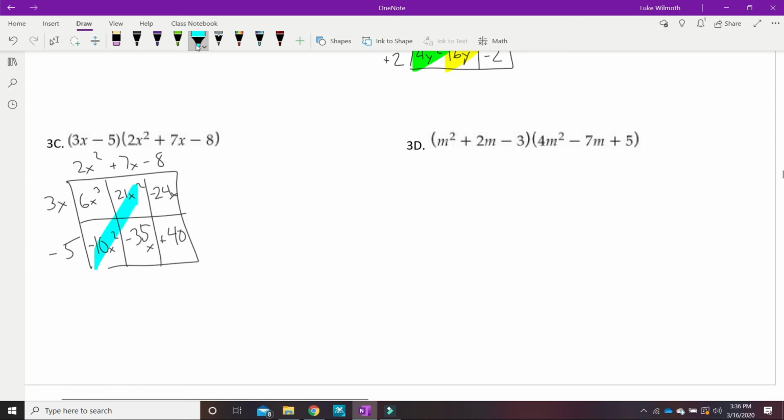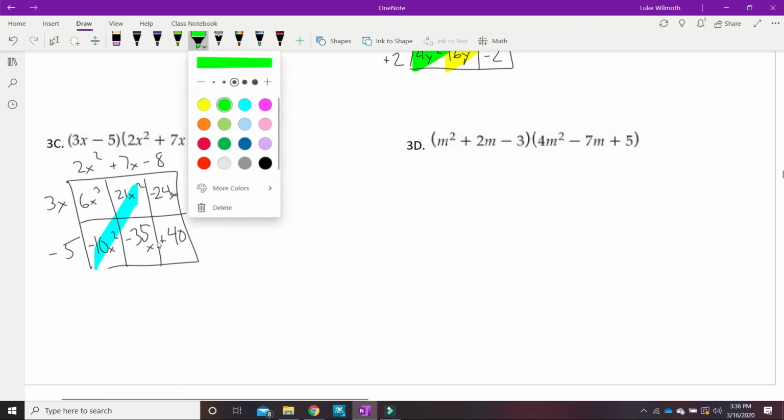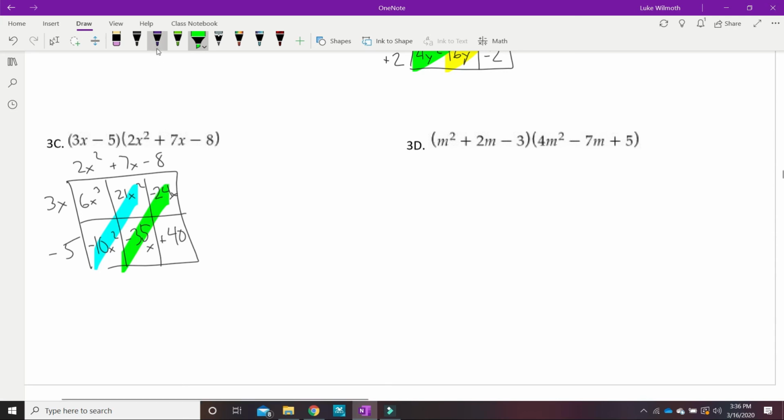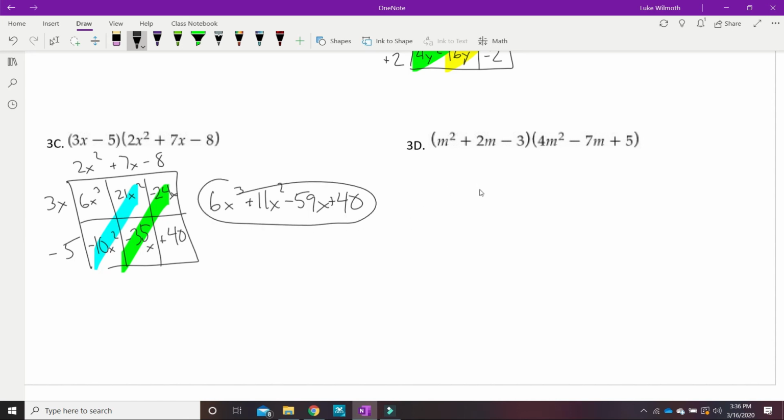The diagonals are both squareds. So my answer is going to be 6x cubed. 21 take away 10 is 11. Negative 35 minus 24 is negative 59. And then I've got my 40. That is the answer.